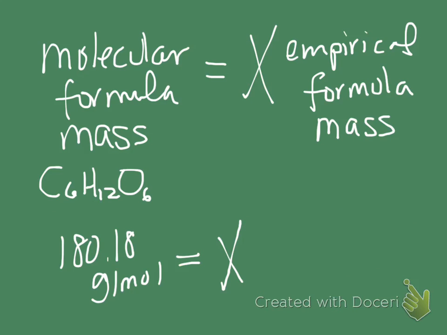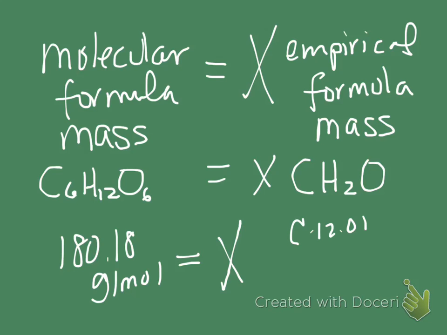So what's the empirical formula mass? Well, we got 12.01, 2.02, and 16. I don't have a calculator up here. 30.03.